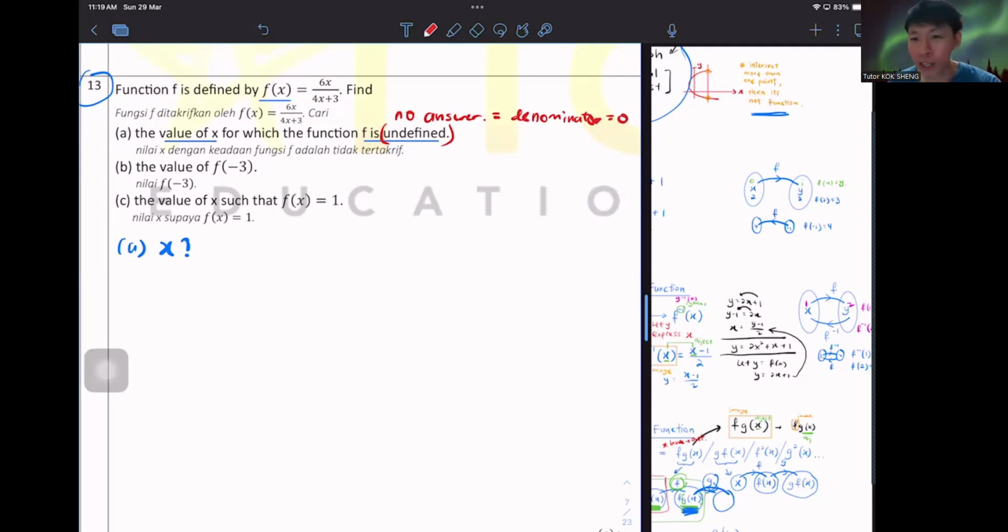I think you all know what the denominator is, right? The denominator is the one at the bottom here. This whole thing must be equal to zero, which means that whatever number on top, you divide it by zero, you will have infinity, no answer, undefined. That is the way to find the answer for x.